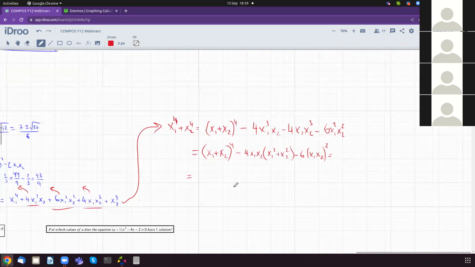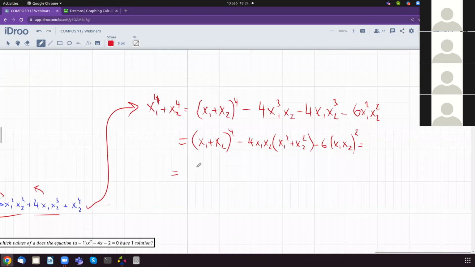x1 plus x2, we know it to be 7/3. So it's 7/3 to the power 4 minus 4 multiplied by x1 x2, which is 1/3, multiplied by this, which is 43/9. We've established that.